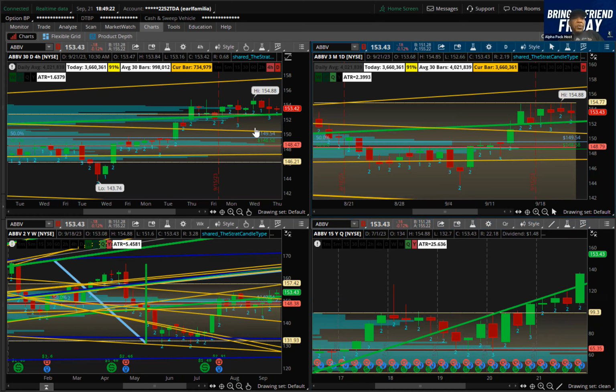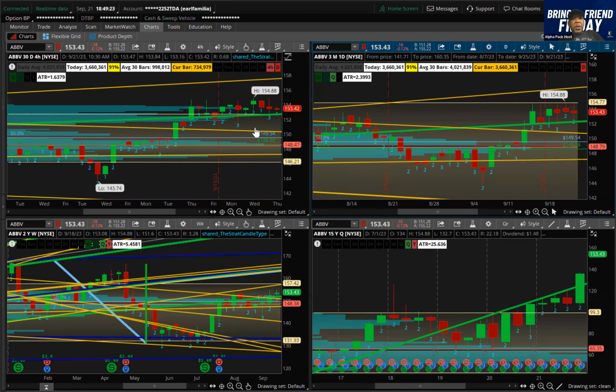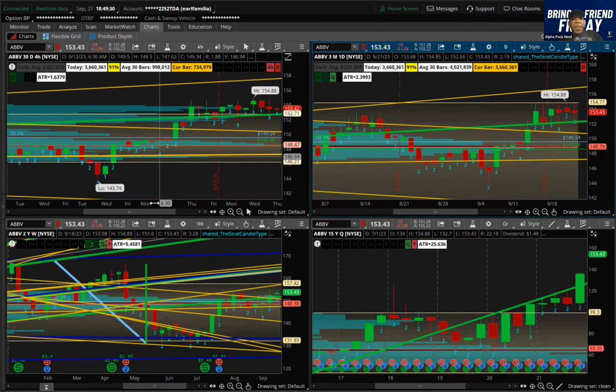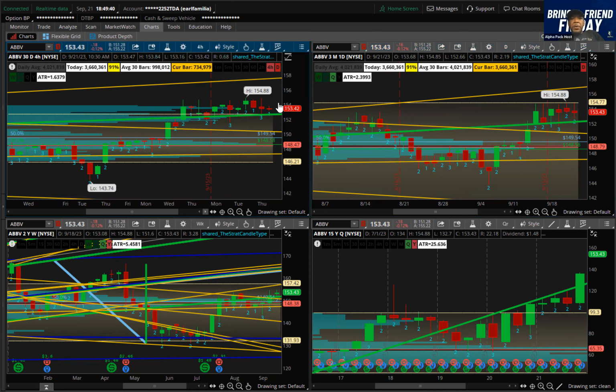Let me get some consolidation here. It's bullish, we know that. My question is, do we have range to push up somewhat tomorrow? And your target is 154.84. What are we really talking about here?